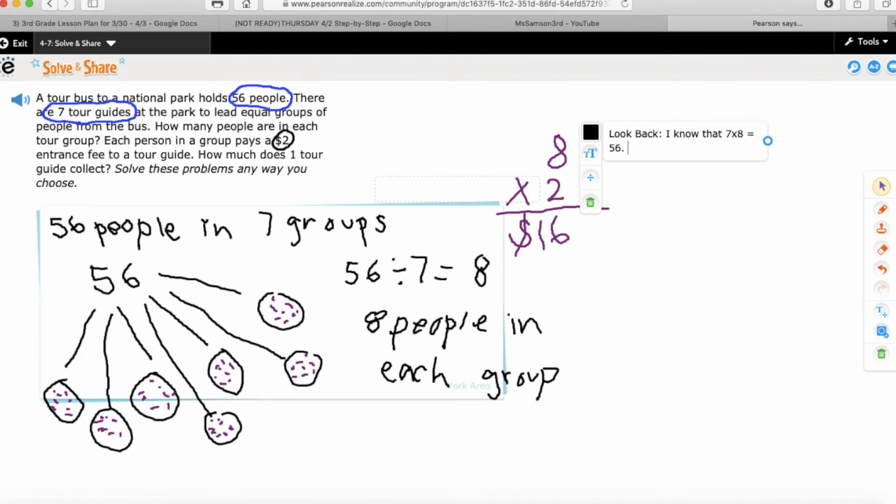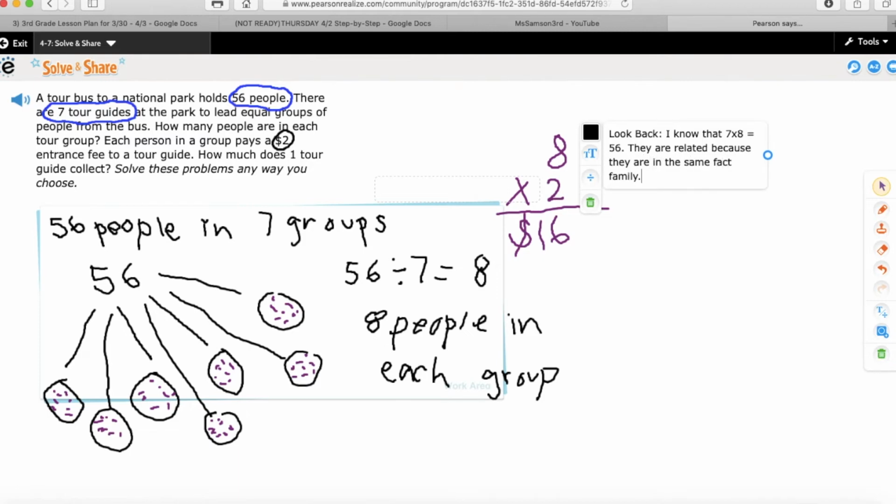You know that the division problem is related to the multiplication problem because they are in the same fact family.